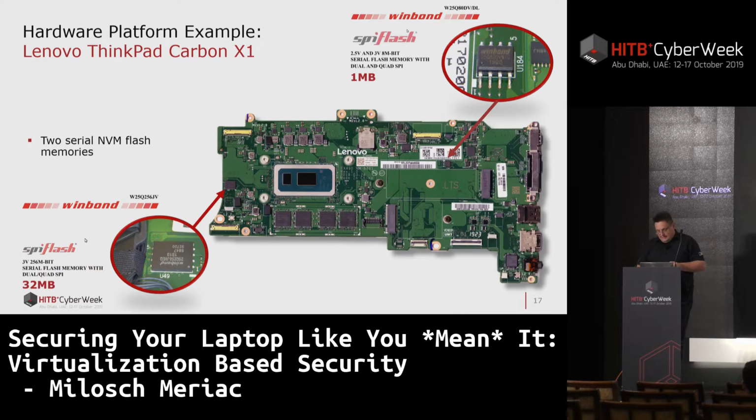Here is the same mainboard with a few more components removed. The interesting feature here is that we have two types of non-volatile flashes. We yet need to analyze these security measures.